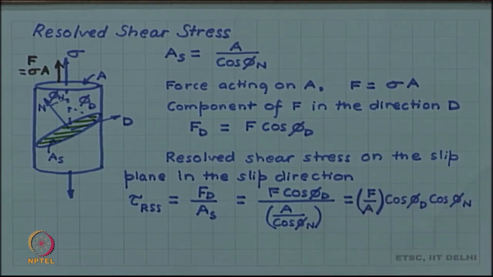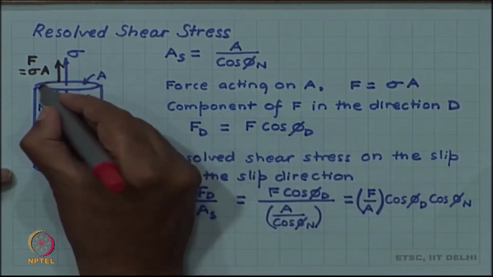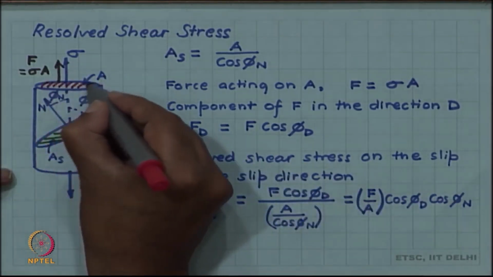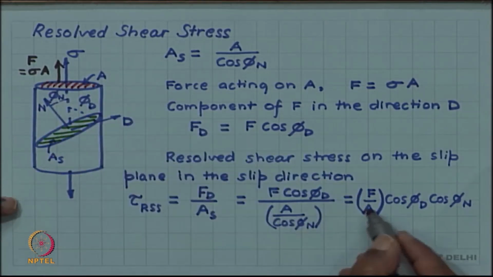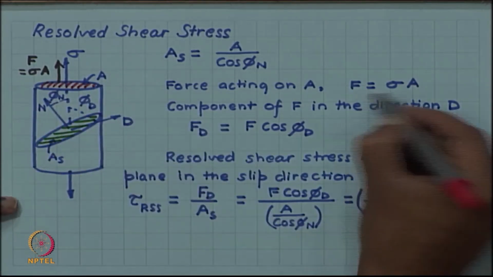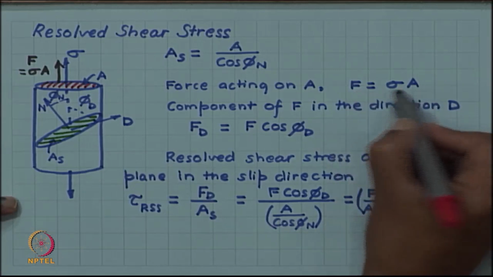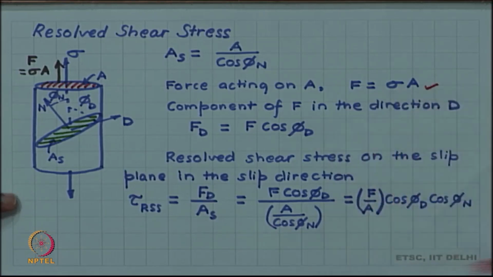But note this F by A: F is acting on the cross sectional area and we are dividing it by the cross sectional area. F by A is simply sigma, the applied stress.